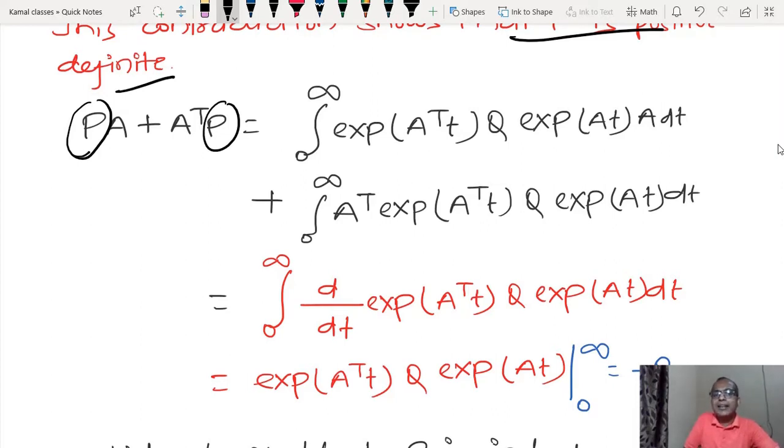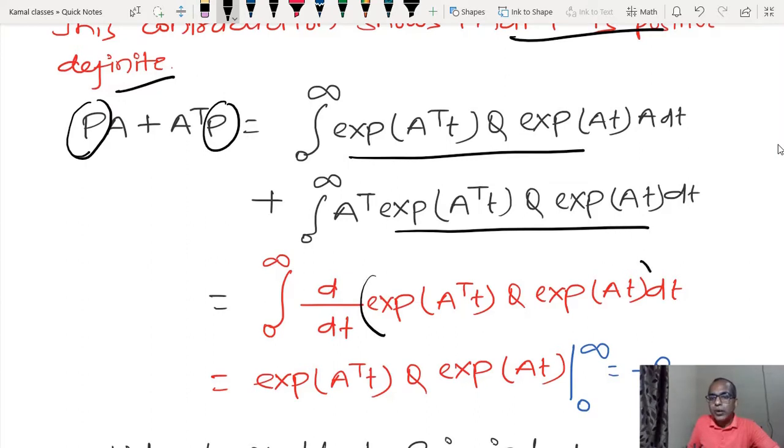So if you club that P, I have just done simple clubbing. So I have clubbed here, and after that I have clubbed here, and after that you can see that I can also define d by dt of this whole quantity, and if you take the derivative of this, then I have two terms. One term when I differentiate with respect to this, then I will get this.